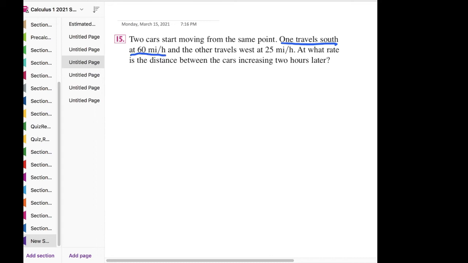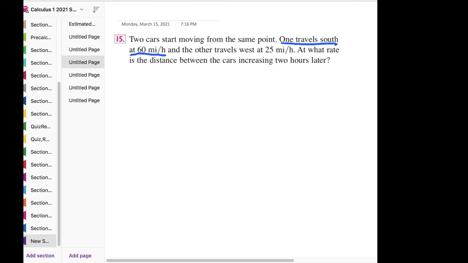What math word is that? One travels south at 60 miles per hour. The south isn't the important part. Hint. Yeah, it's just literally speed, right?